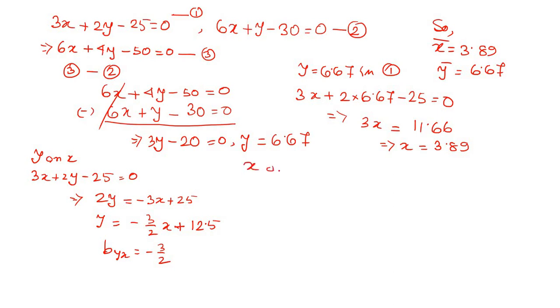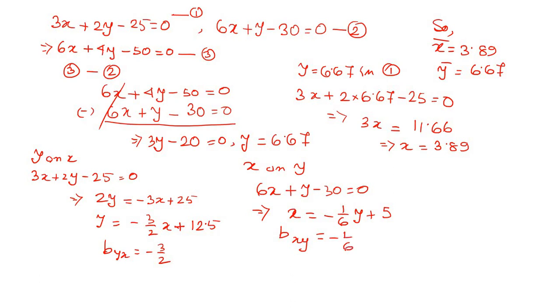Similarly, the x on y equation is the other one, that is 6x plus y minus 30 equal to 0. So you can get this as x equal to minus 1 by 6 y plus 30 by 6, that is 5. So this gives me bxy equal to minus 1 by 6.